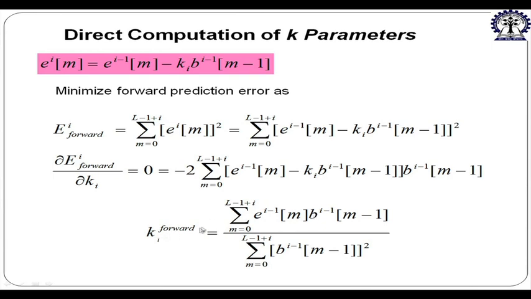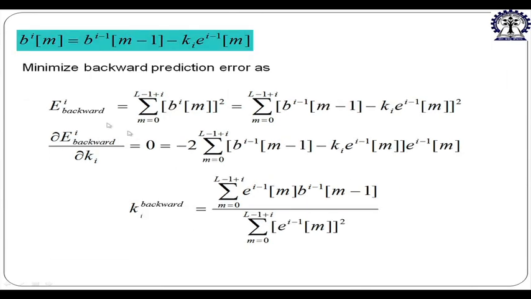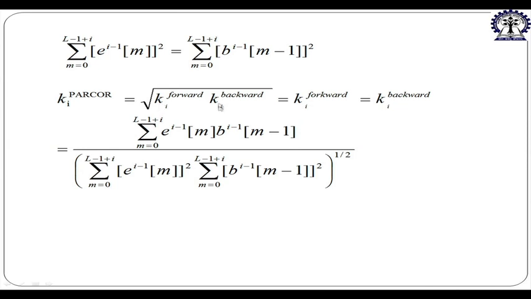Once I get the K_i forward value, similarly I can calculate the K_i value for the backward error. Then K is called the partial reflection coefficient or partial correlation coefficient. It is the square root of K_i forward times K_i backward; if K_i forward equals K_i backward, then you can take either one.